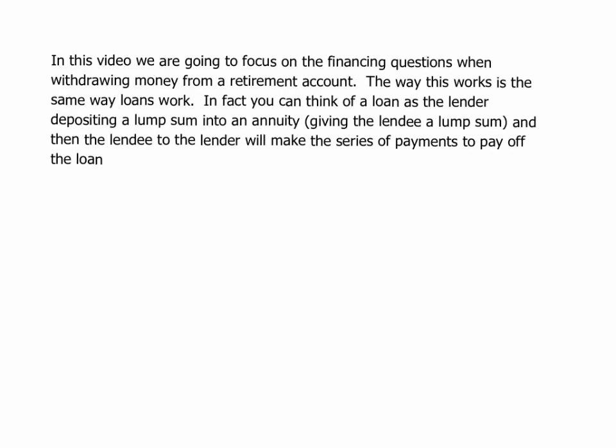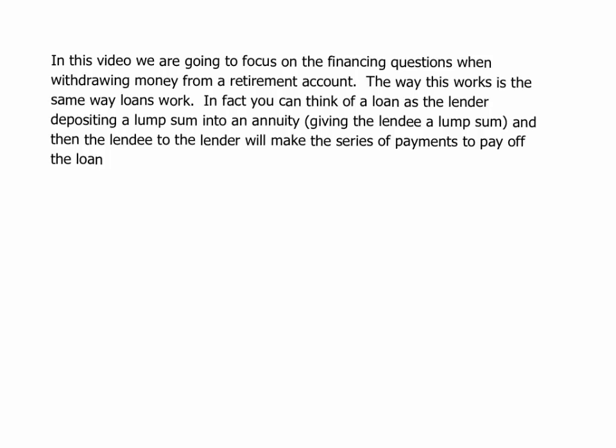In a previous video, we looked at the math that helped us answer questions about accumulating money. In this video, we're going to be focusing on the math and the financing questions when we're withdrawing money from a retirement account. It turns out that withdrawing money from a retirement account works the same way that loans work.